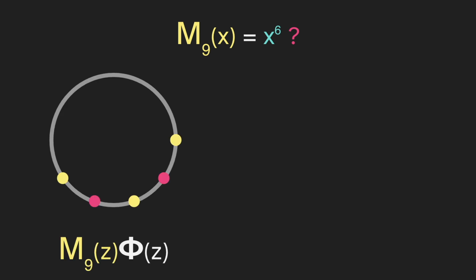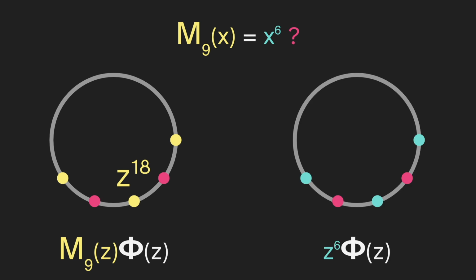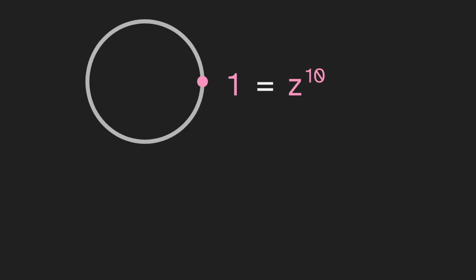Well, the difference that we see, the set we get from m sub 9 has this middle point as z to the 18. But from z to the 6, we get z to the 8. Those points appear in the same spot, but they have a different power, 18 versus 8. So are those different points, or are they the same point? Let's go back and recall that 1 equals z to the 10.